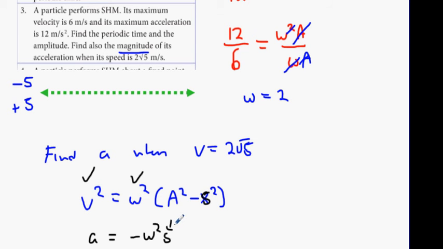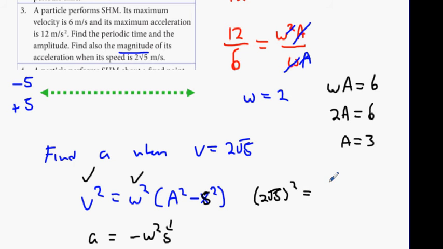Does anybody tell me what the amplitude is? Omega A equals 6, 2A equals 6, A equals 3. The amplitude is 3 meters, okay? So use this formula, we're going to get 2 root 5 to be squared equals omega squared, which is 2 squared, times 3 squared, minus whatever s squared is.